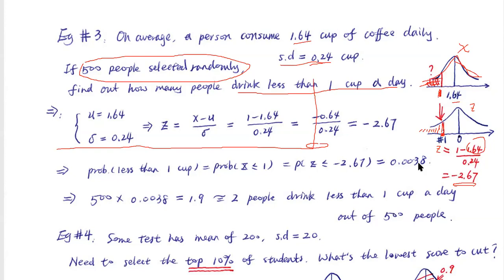And then we multiply by 500 people, that'll give us about 1.9. We don't really say 1.9 people drink less than 1 cup of coffee. Out of these 500, 1.9, that's scary. So we round that to 2 people. So there will be 2 people out of these 500 people who drink less than 1 cup of coffee.